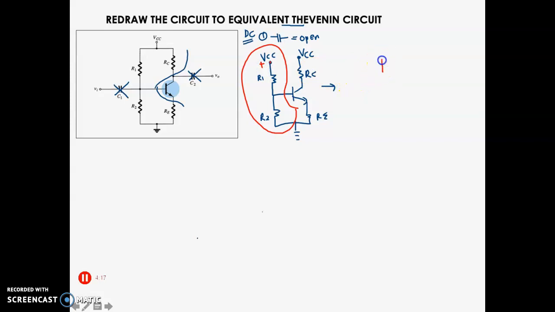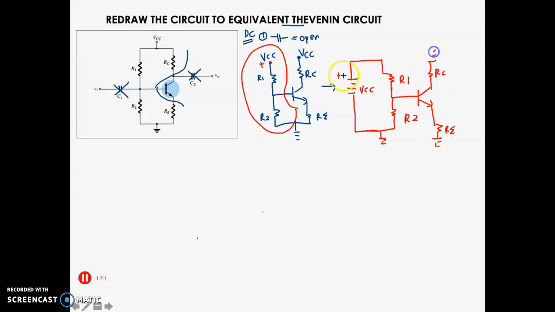And then here is your R1, and here is connected to your BJT at your base. And how about R2? Here is VCC negative, and here is your R2, and then this connects to the ground. Here you have RE, and the above one you have RC.